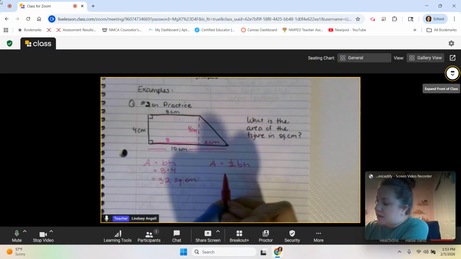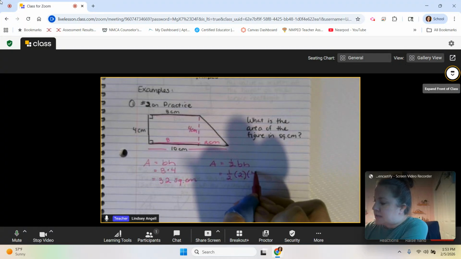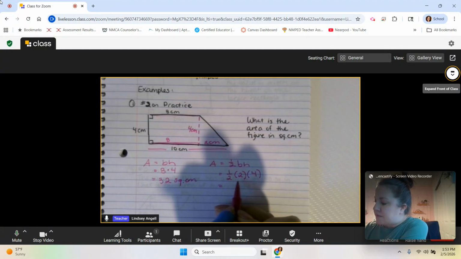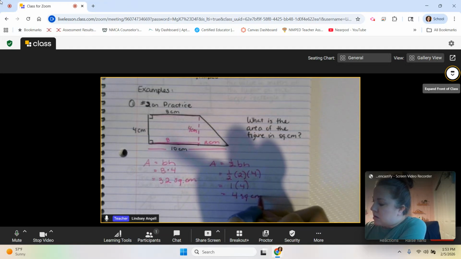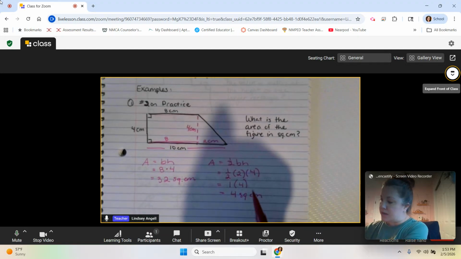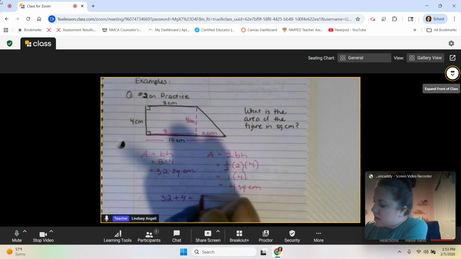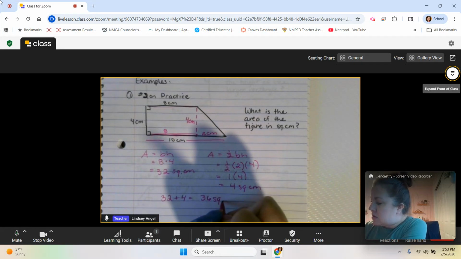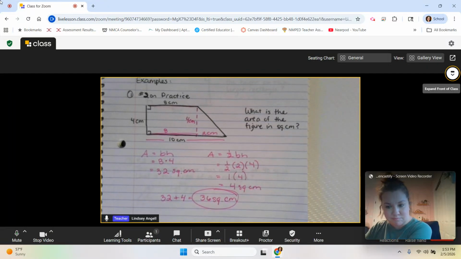With this one, it's 1/2 times the base. So the base is 2. My height is 4. Half of 2 is 1, times 4 is 4. So now we found them separately. Now we just need to combine them, right? So 32 plus 4 equals 36 square centimeters, and that's your total area. Not bad.